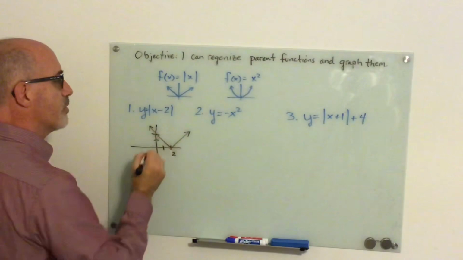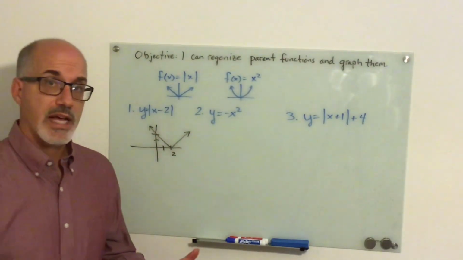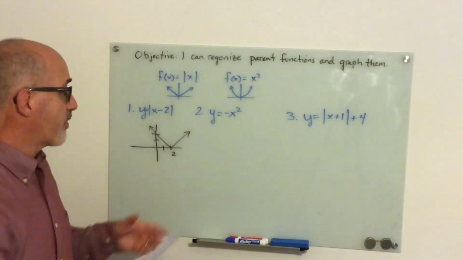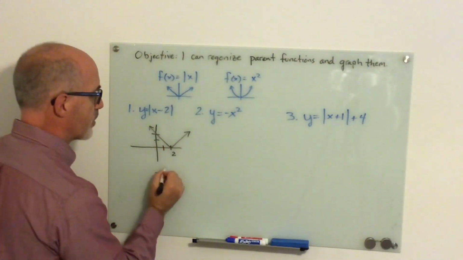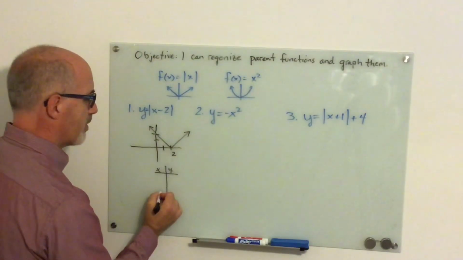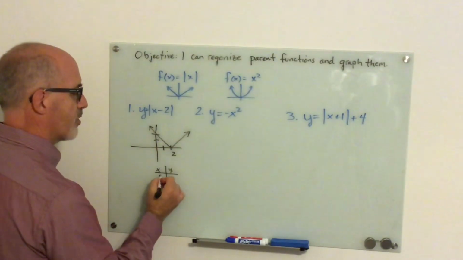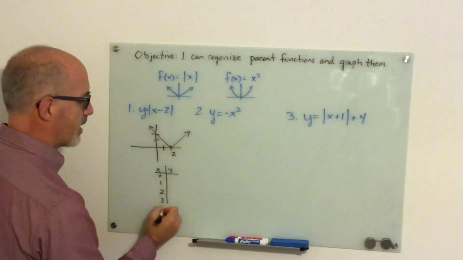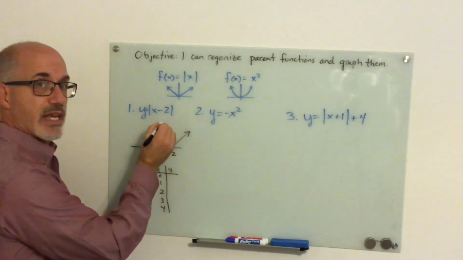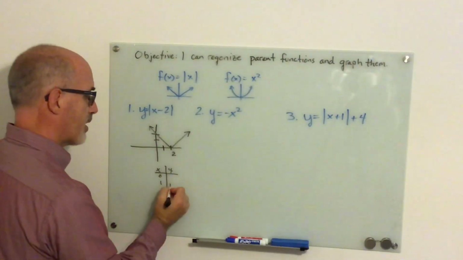And I'll show you in a future class how we can put this into your graphing calculator. But for now, if you're unsure, what you can do is set up a table. Since 2 is the middle for my x, I'm going to go with values less than it and greater than it. If I put in 1, 1 minus 2 is -1, its absolute value is +1.